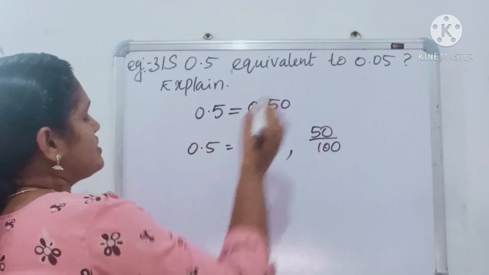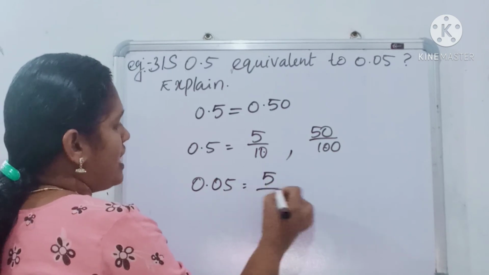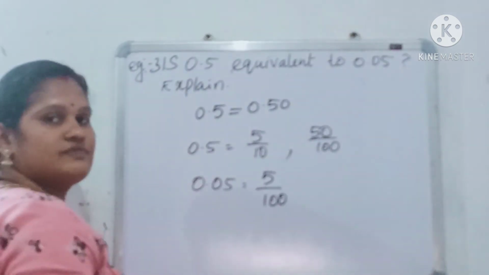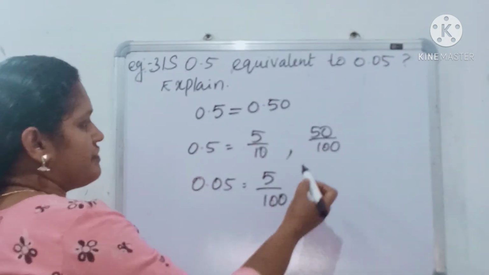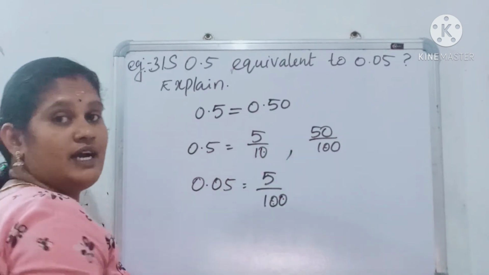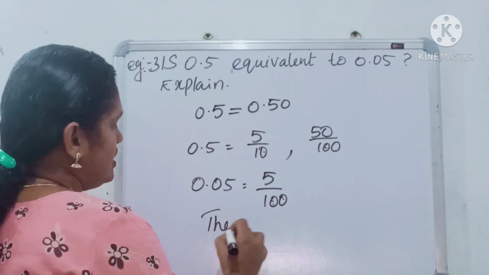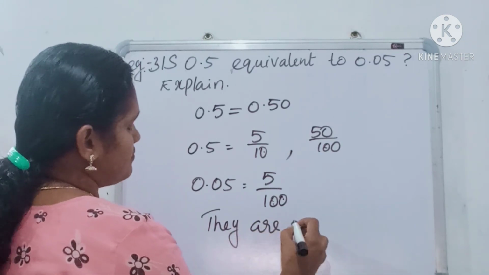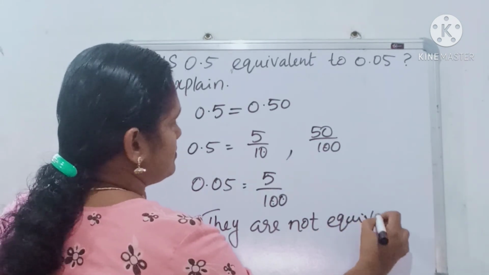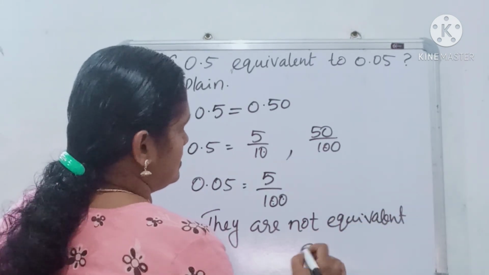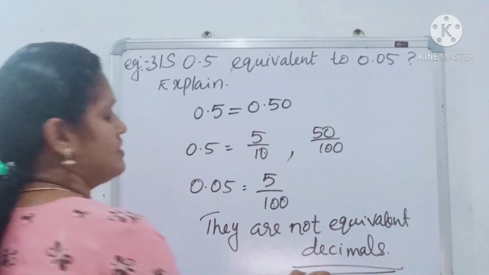Okay. 0.05 means 5 by 100. 5 by 100 is quite different from 5 by 10. So they are not equivalent. Clear?